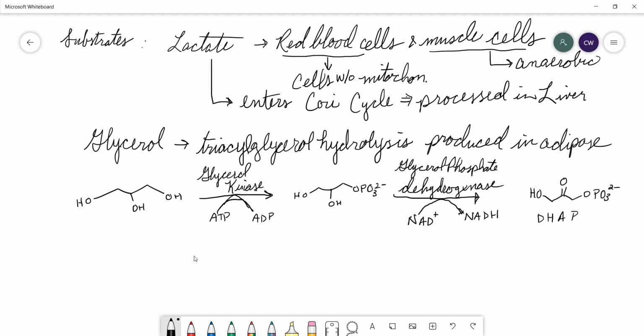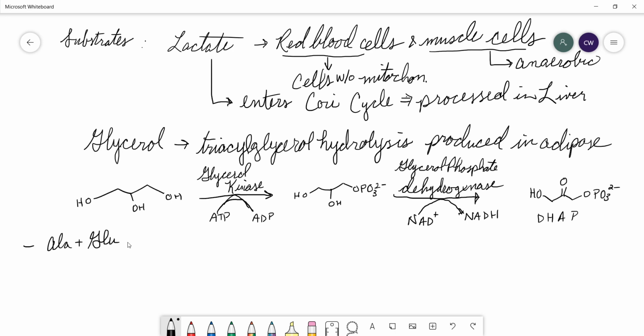In addition, there are a couple of amino acids that can be altered using pyruvate to generate alpha ketoglutarate, and those are alanine and glutamine.